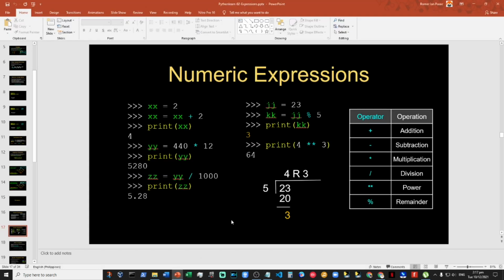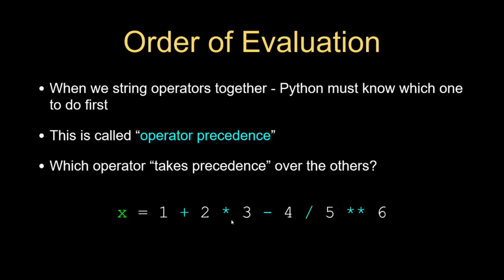Next, I think it's the order of evaluation. When we string operators together, Python must know which one to do first. This is called operator precedence, which operator takes precedence over the others. So let's say x is equal to 1 plus 2 times 3 minus 4 divided by 5 to the power of 6.